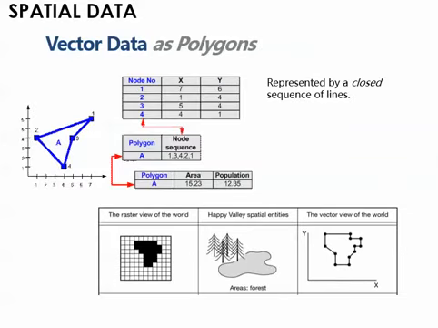Vector data is also represented as polygons, which is a sequence of lines that is closed. So for instance, a lake would be represented on the map as a polygon, or a city or a neighborhood, and the types of attributes in that table would be perhaps the total area or the population of that area, of that neighborhood.